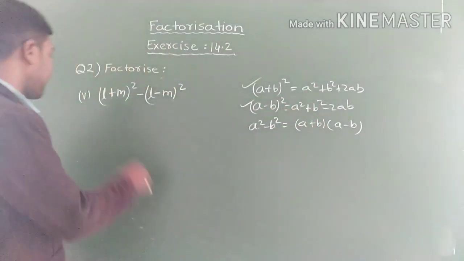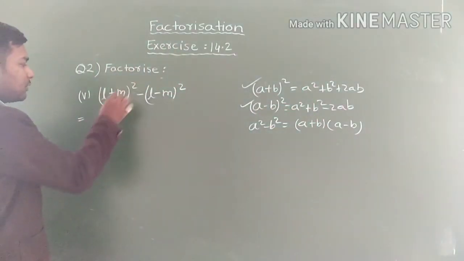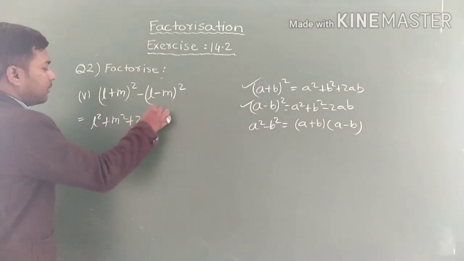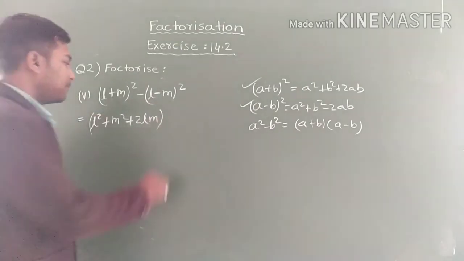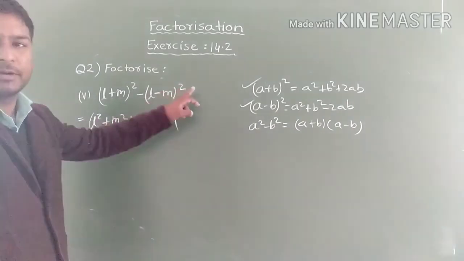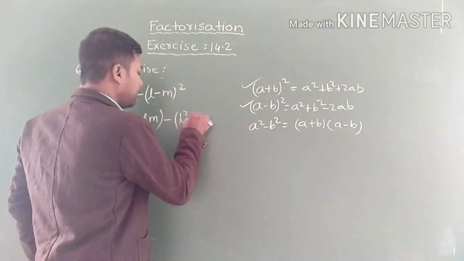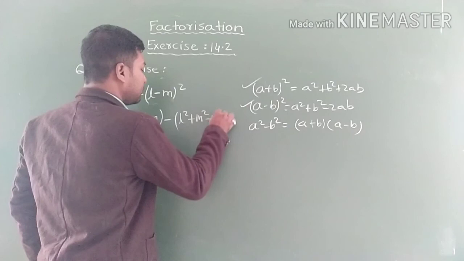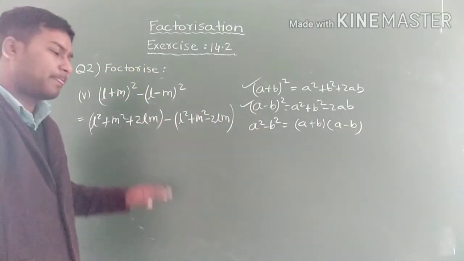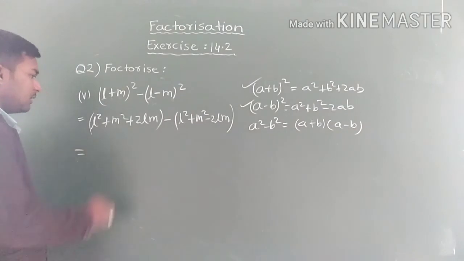So l plus n whole square will be l square plus n square plus 2ln. Minus the second term, l minus n whole square, which will be l square plus n square minus 2ln. Now open the bracket.